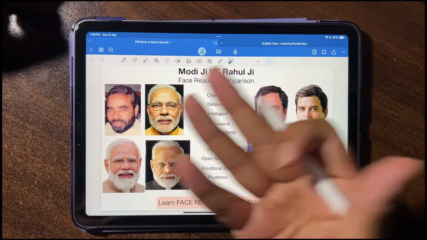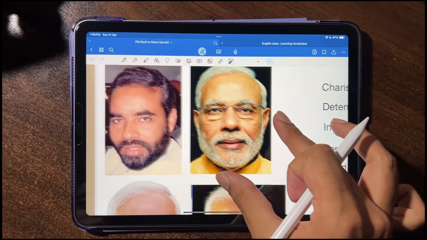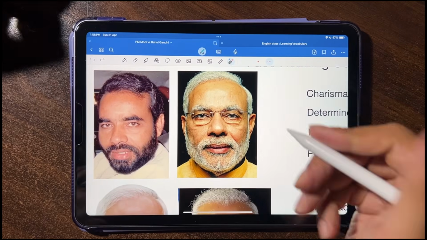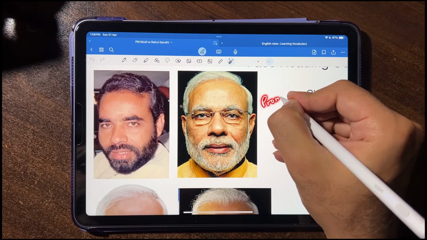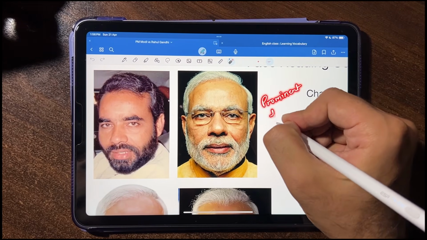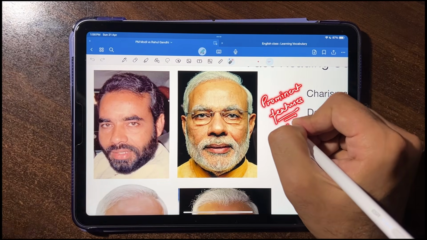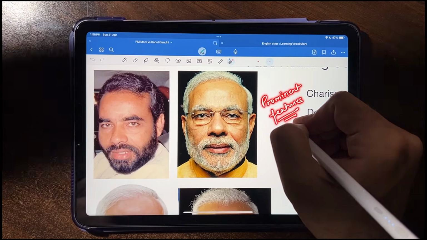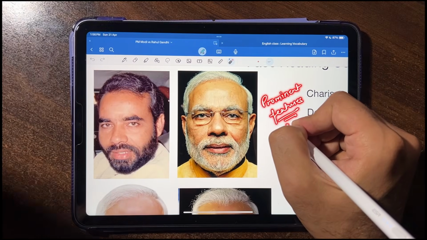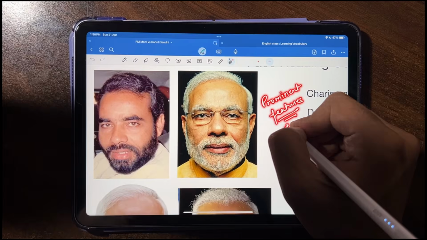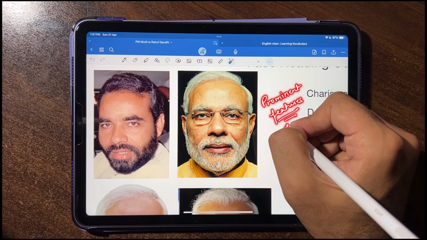So let me go to Modi ji first and compare his face, and I'm going to see the prominent feature, right? A prominent feature is nothing but the feature that stands out on the face. In some cases it could be eyebrows, in some cases it could be foreheads, in some cases it will be a sparkling chin, a very prominent chin, right?